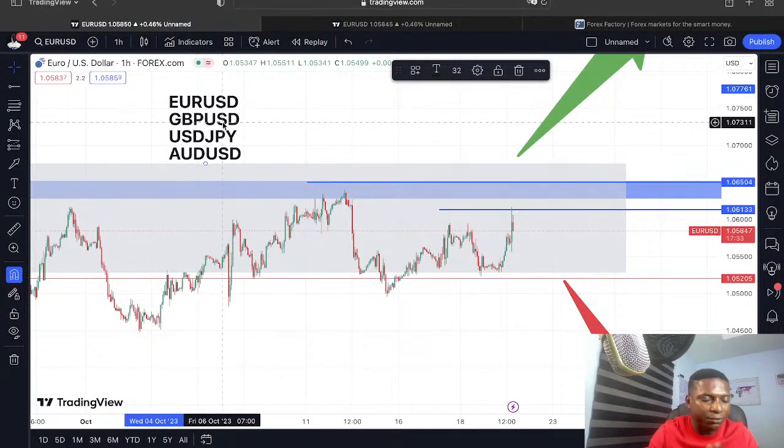At first I started with only Euro USD. Later I added GBP USD. After a long time I added USD JPY. And currently I added Australian USD.